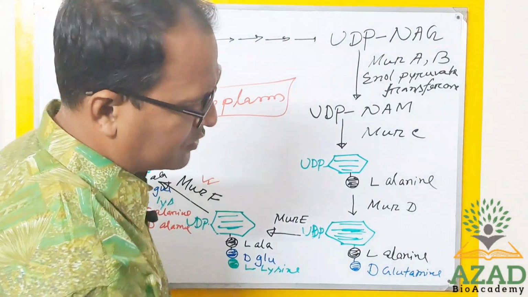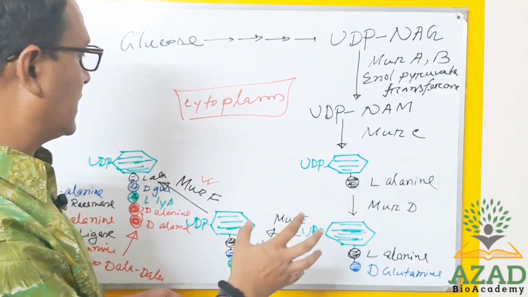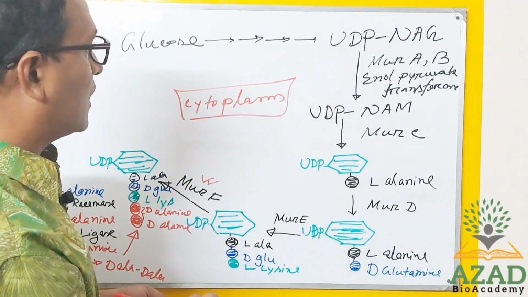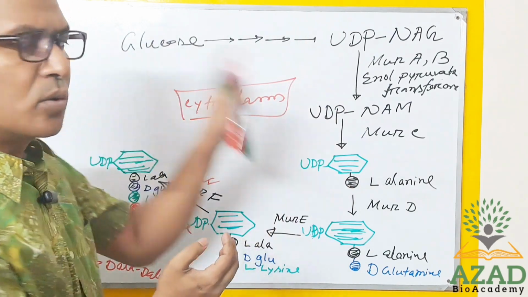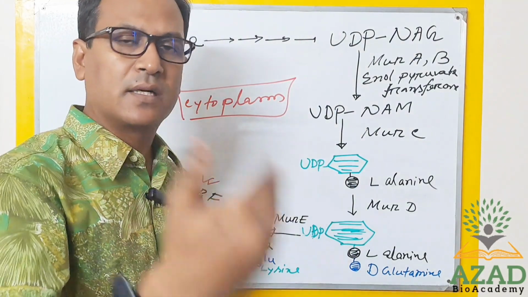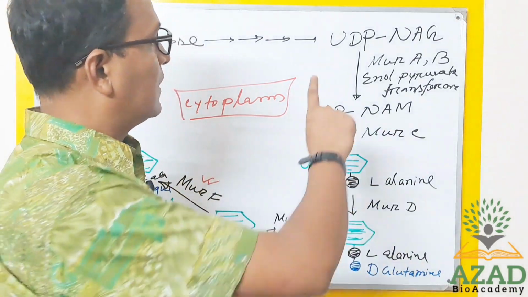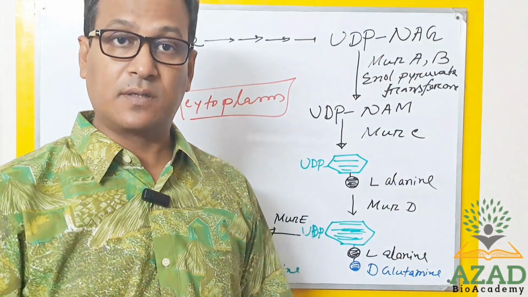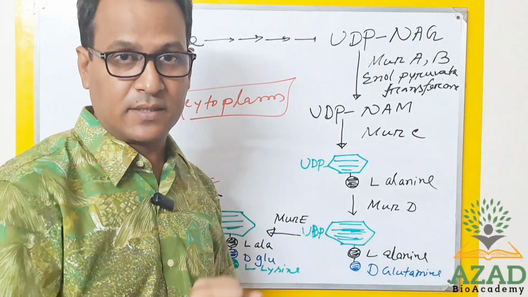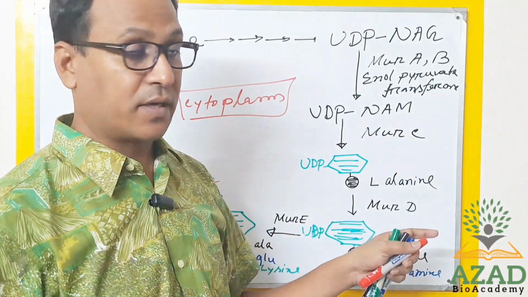So I will try to sum up by keeping some basic things. Glucose will be converted to fructose, then fructose phosphate, then it will turn into UDP N-acetyl glucosamine. This is one of the basic units. And another unit is the N-acetyl muramic acid.